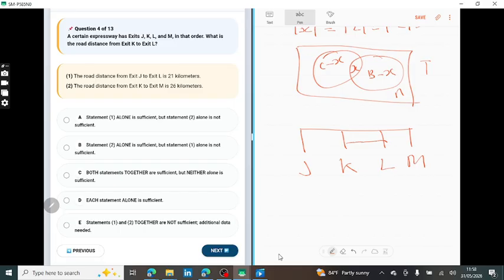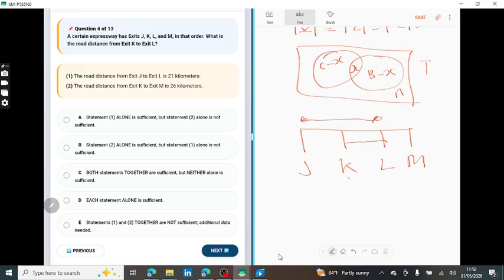Statement 1 is giving us J to L. We can't know KL without JK.